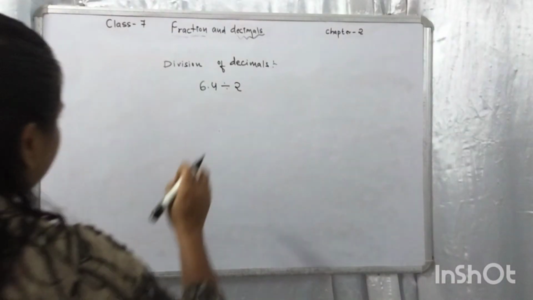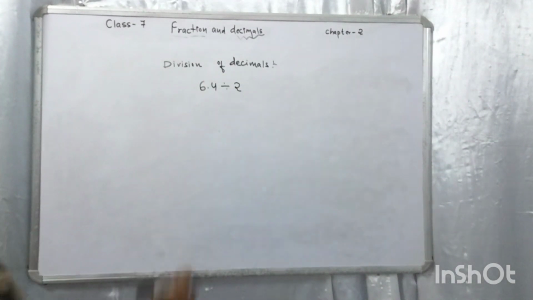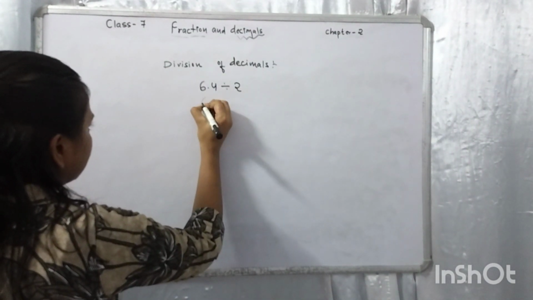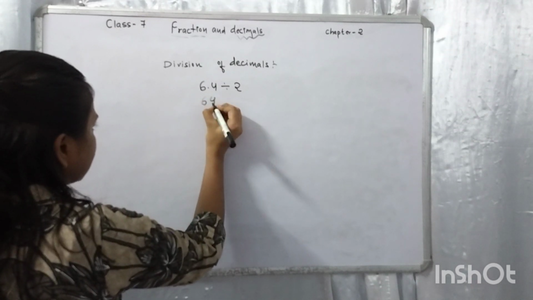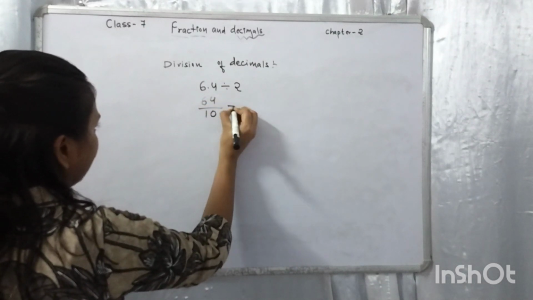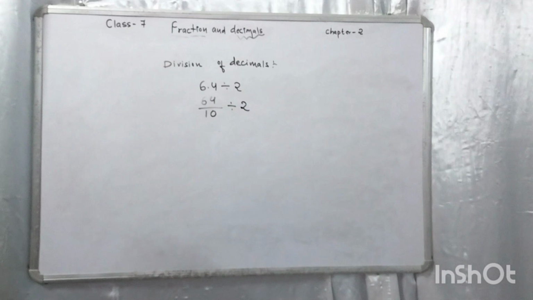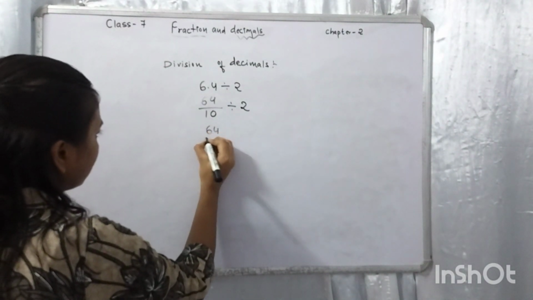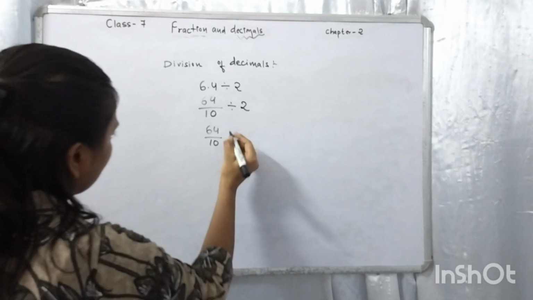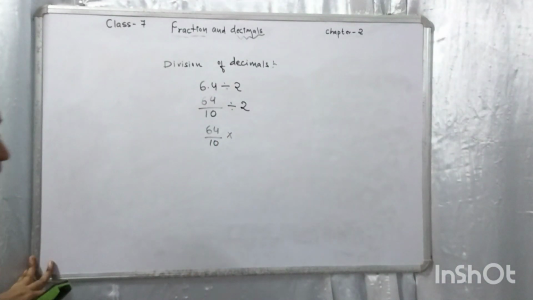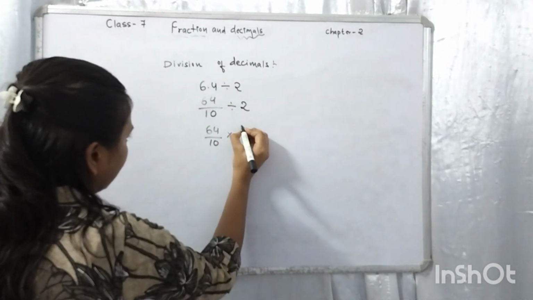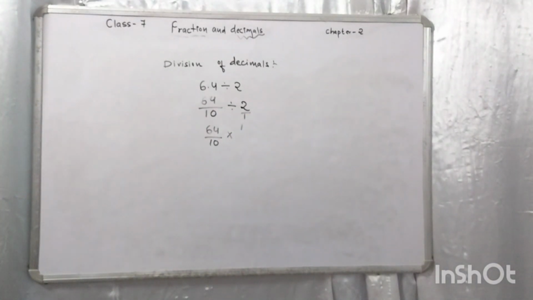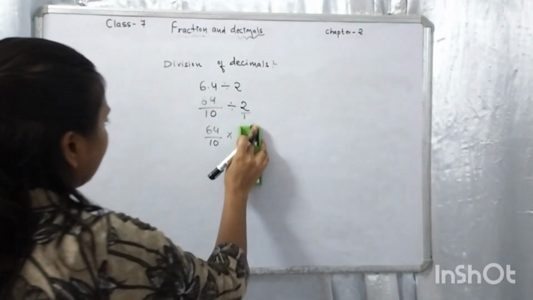For this, first we will convert this decimal into fraction and we will write the remaining term as it is. Now 64 by 10, now we will write a multiplication sign, and now we will assume that below 2 in a denominator we have 1.